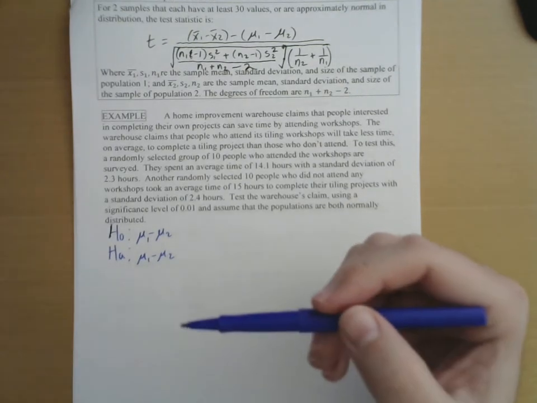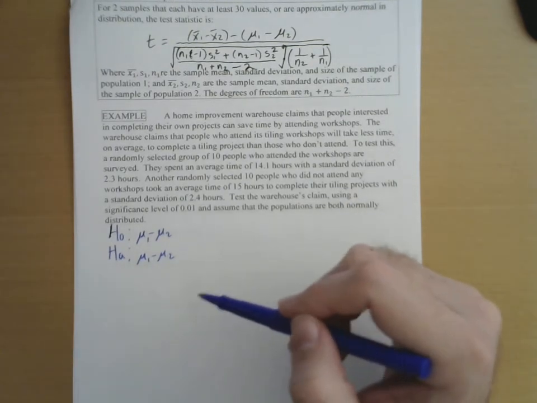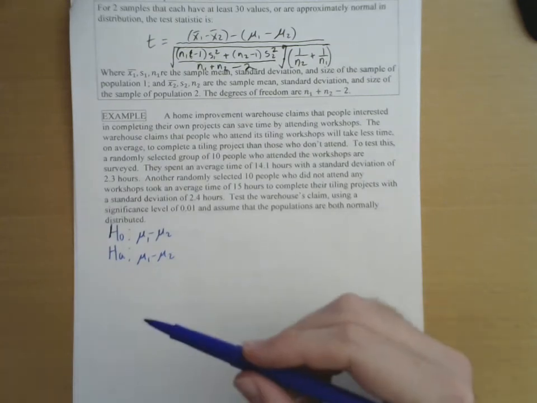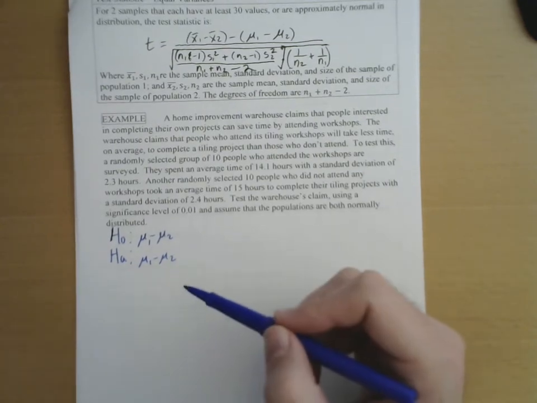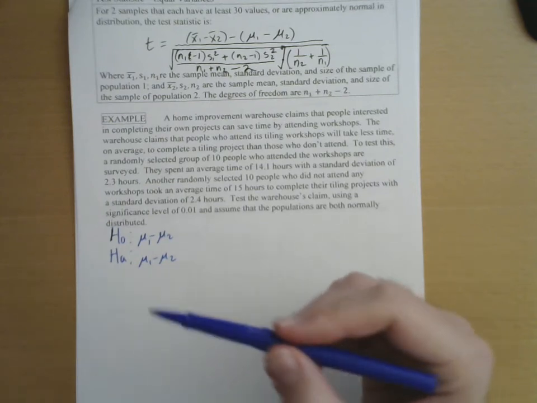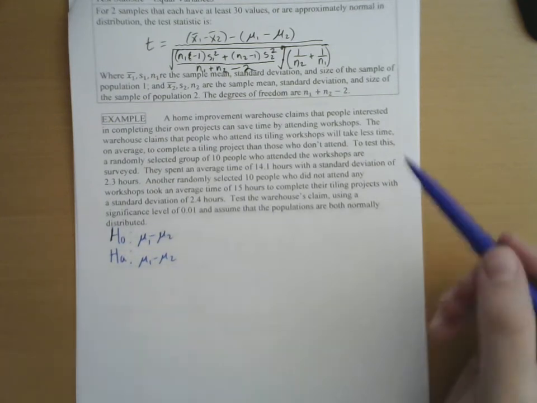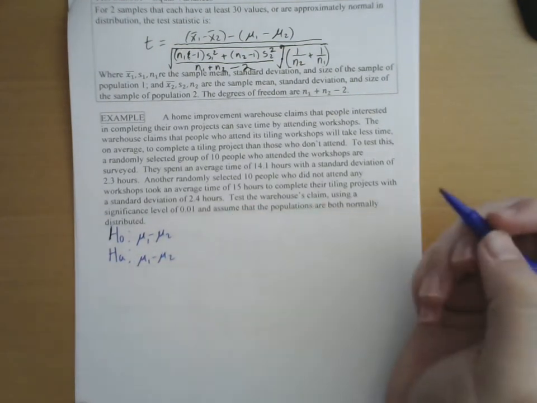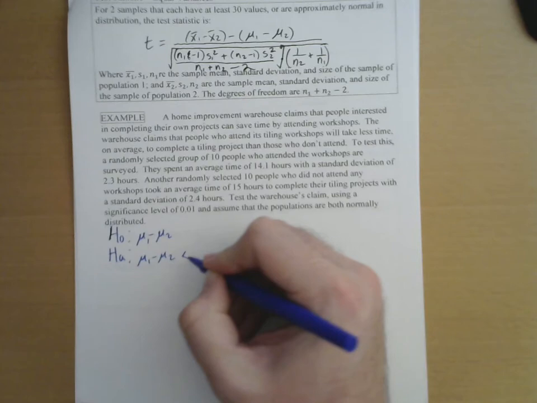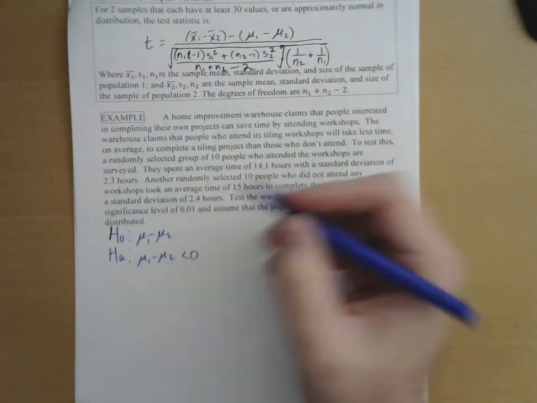So the warehouse is claiming that the average time of people who take their workshops will be less than the others. So if we think of the first population as those who took the workshops, then when we do mu1 minus mu2, this should be less than 0 for the alternative.